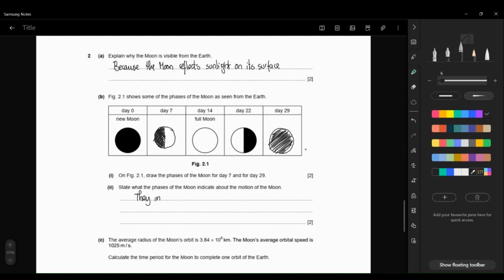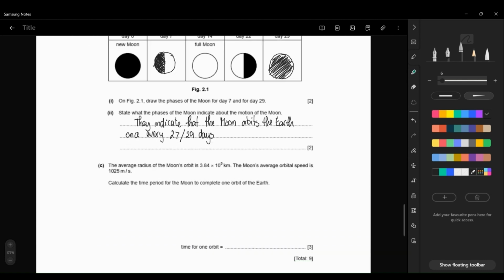They indicate that the moon orbits the Earth once every, let's put it like this, 27 to 29 days.